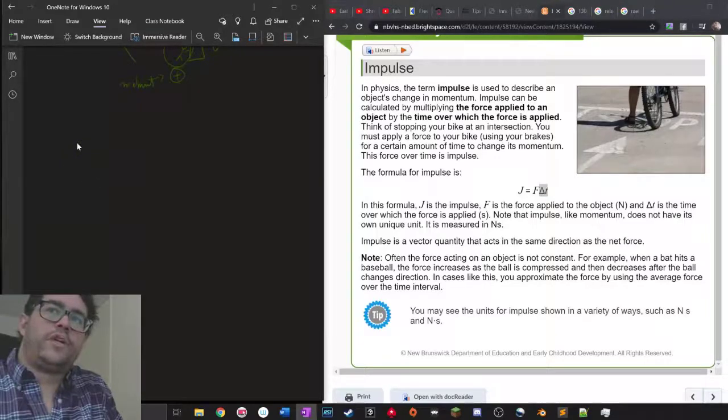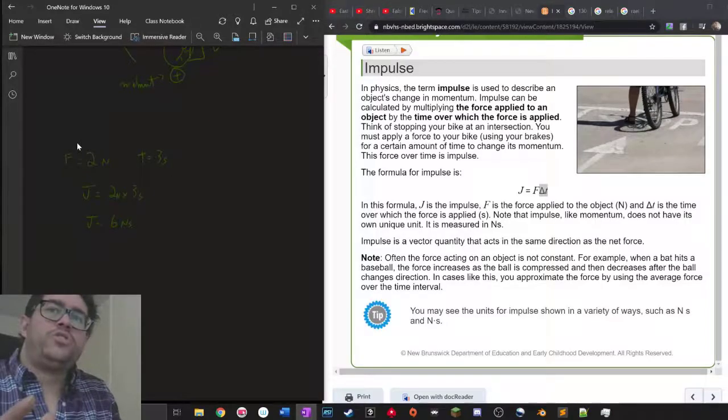But again, we will do like 2 situations. So imagine we have, we're just trying it, 2 Newton for a time of 3 seconds. Then the impulse would be 2 times 3 Newton times seconds. So you end up with 6 Newton seconds.